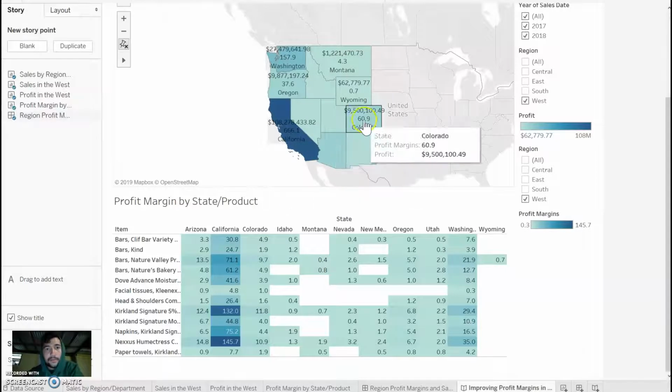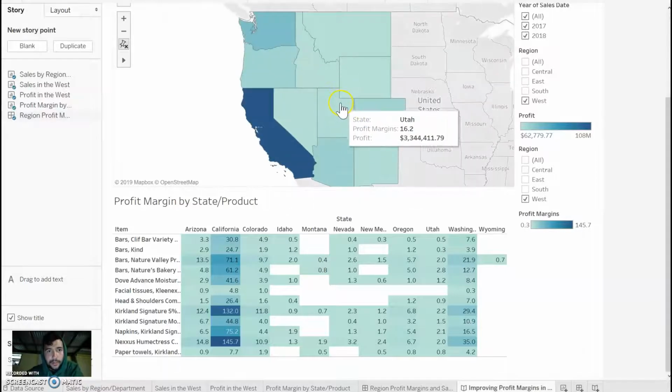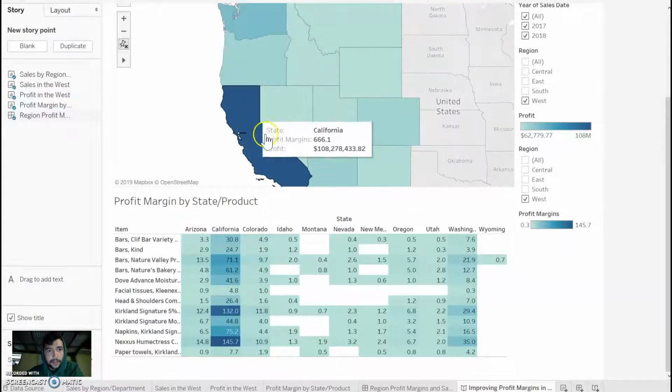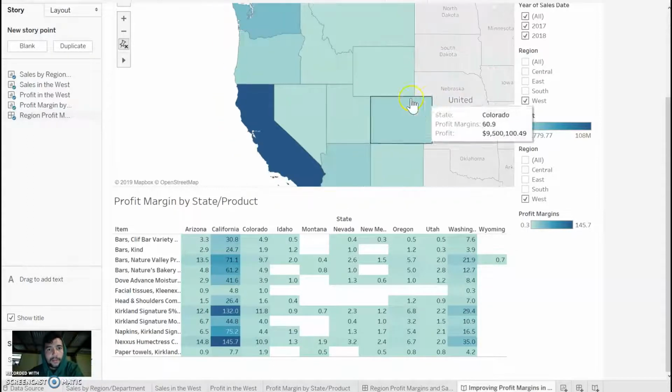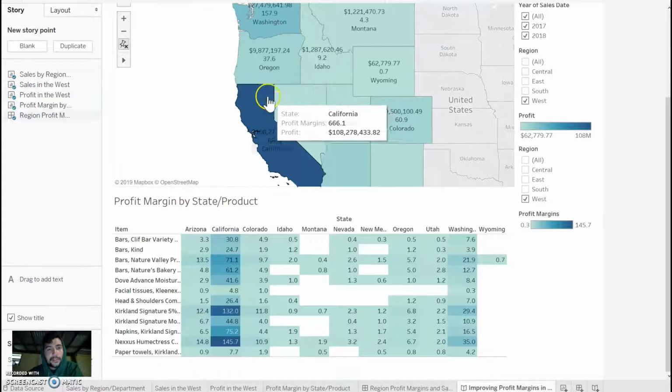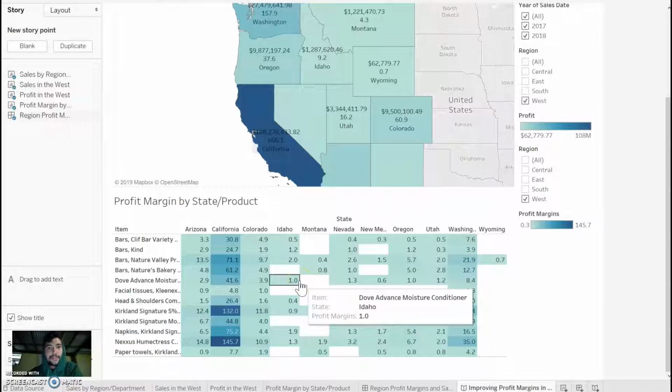So what I recommend to these neighboring states is to take notes from California, and whether they have to change their advertising strategies, or stop selling these products in these states, or sell less of them due to the low demand and they're not making a profit off of them.